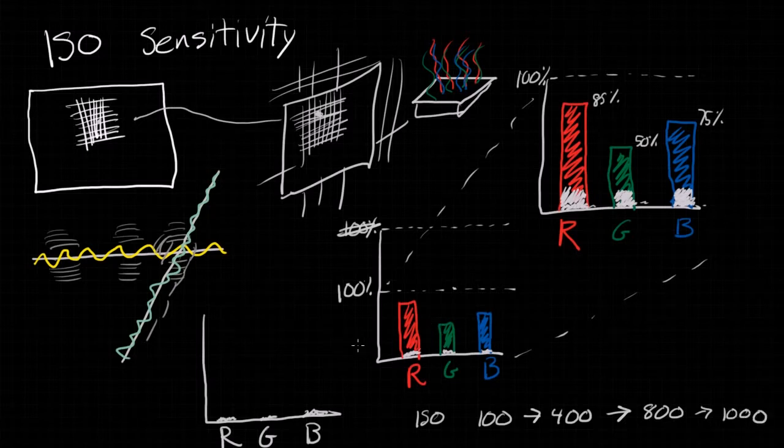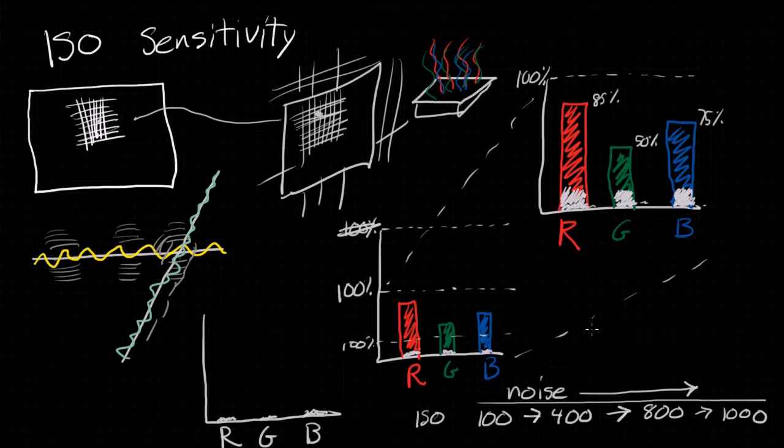We might be treating this as the top range and saying this is 100%. Well, you can see how the noise is affected there. It's going to scale up way high. So think of it this way: the higher your ISO, the more noise you're introducing into your picture because of this interference.